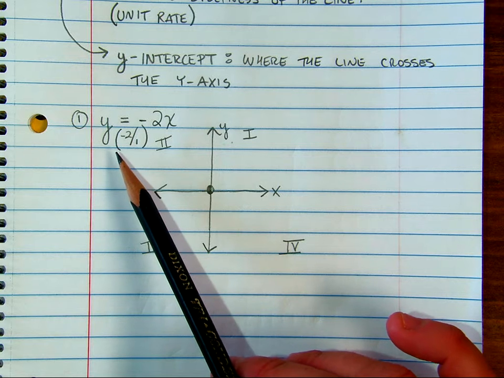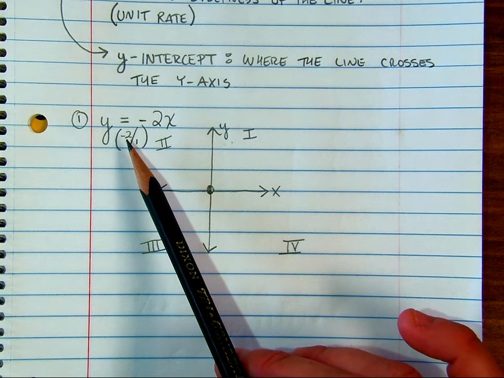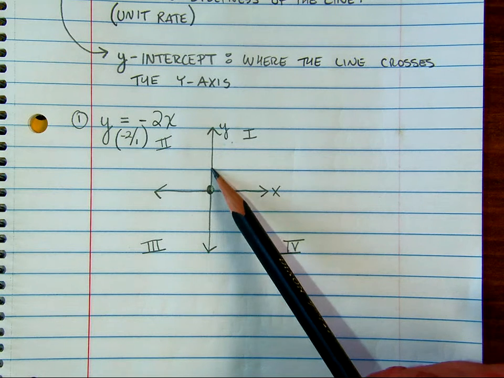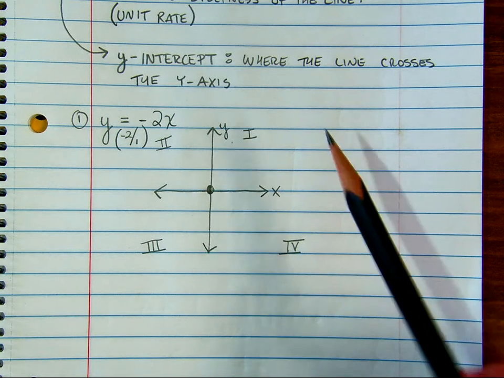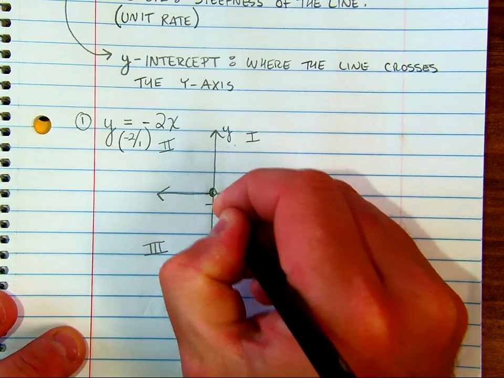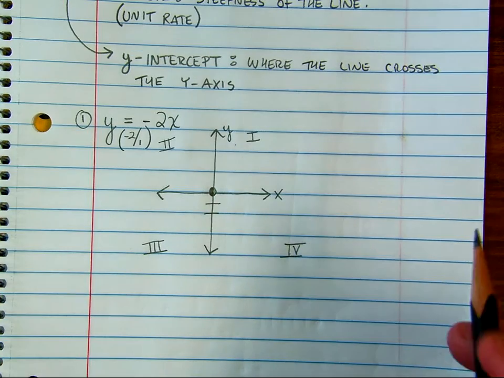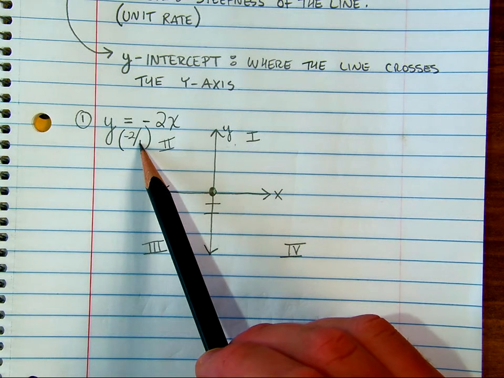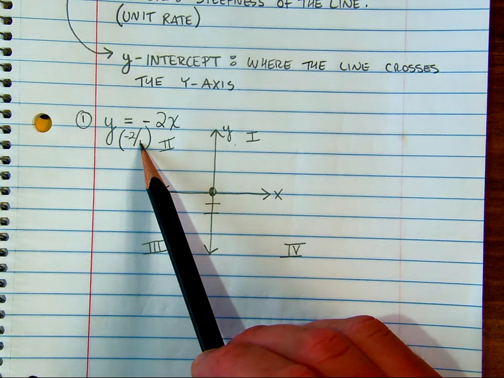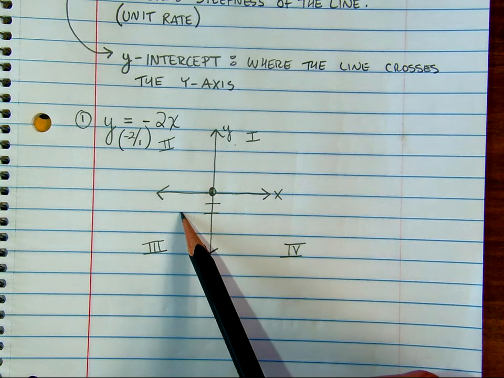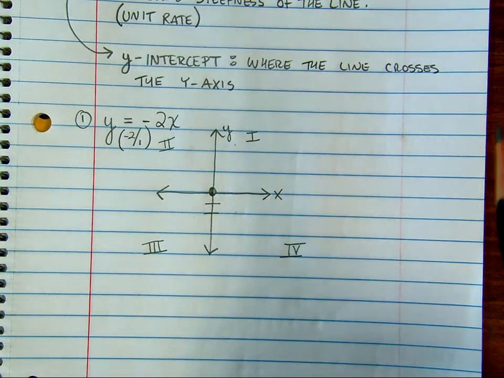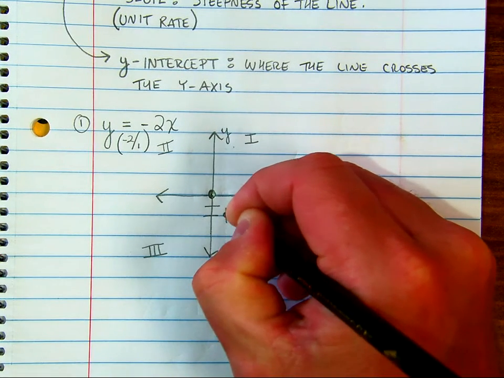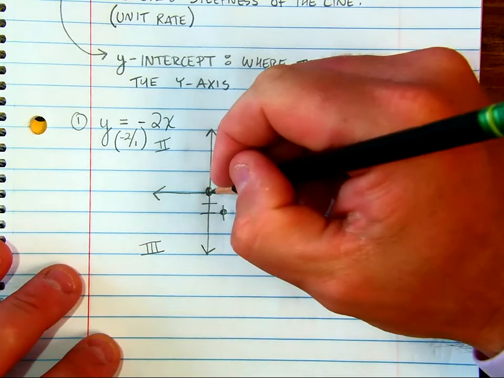So, Zach, if our vertical change is negative, do I go up 2 or down 2? Down 2. Timmy, my horizontal change is 1, and that's positive. So do I go to the left 1 or to the right 1? Very good. And then you simply connect the dots.